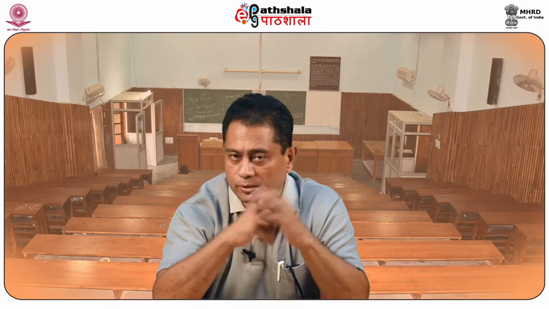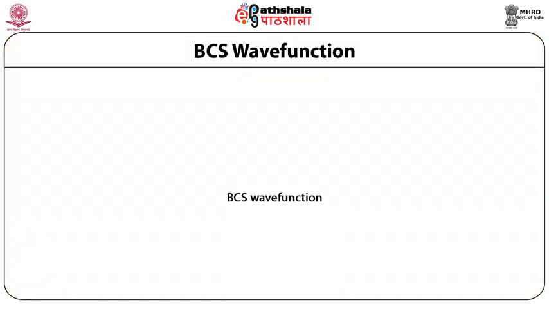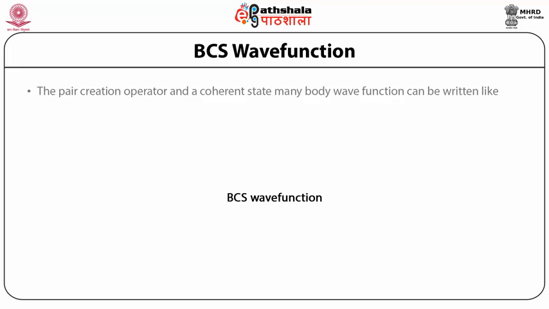He used the electron pair annihilation and creation operators, which do not follow normal Bose commutation laws. Now the BCS wave function that we want to talk about, the pair creation operator and a coherent-state many-body wave function can be written the way it is done here.